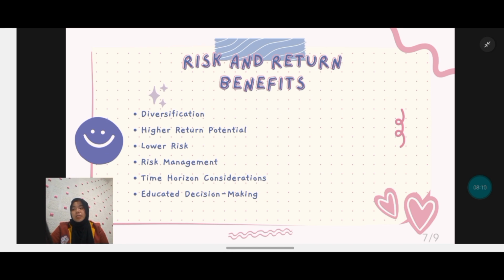Next, educated decision making. An investor who understands the concepts of risk and return is better equipped to evaluate the merits of various investment opportunities. They can differentiate between speculative high-risk investments and conservative low-risk options.